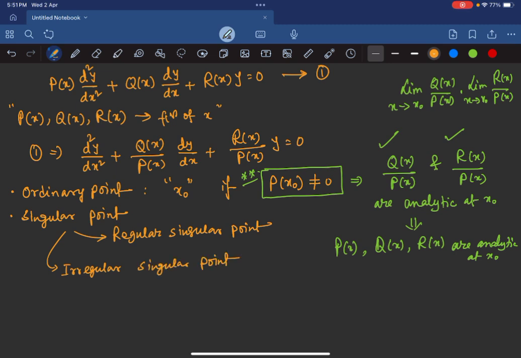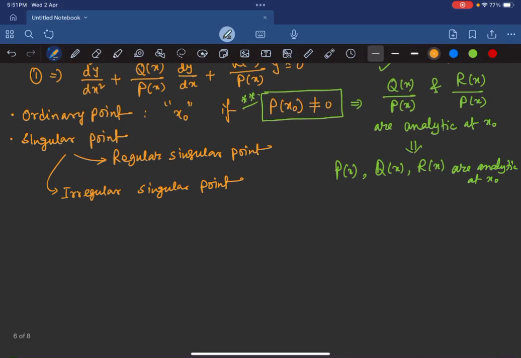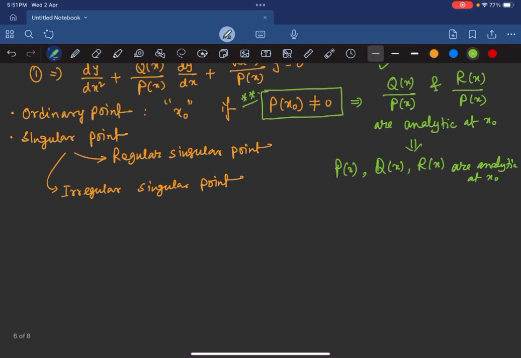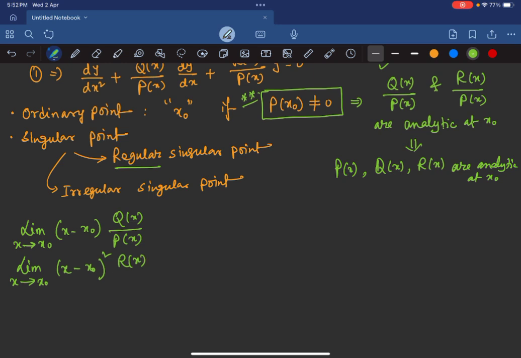For the case of a regular singular point, the limit as x tends to x0 of (x − x0) q(x)/p(x), and the limit as x tends to x0 of (x − x0)² r(x)/p(x), both exist finitely.